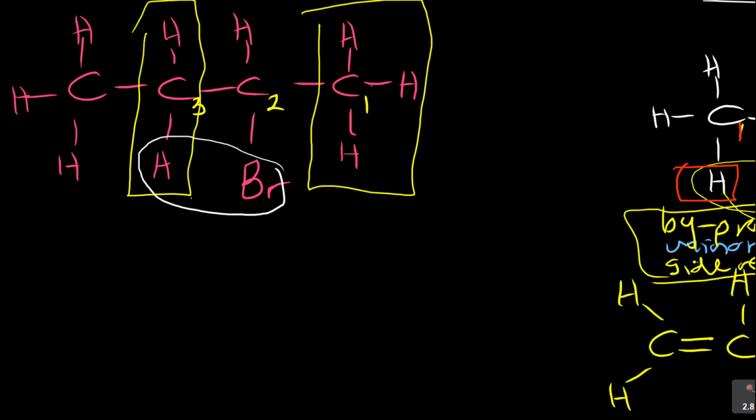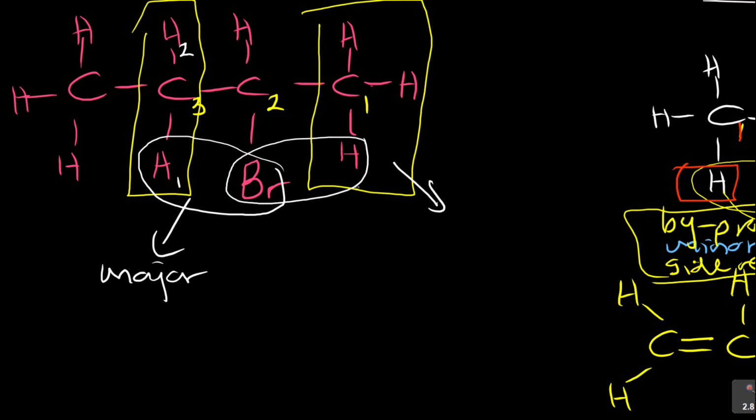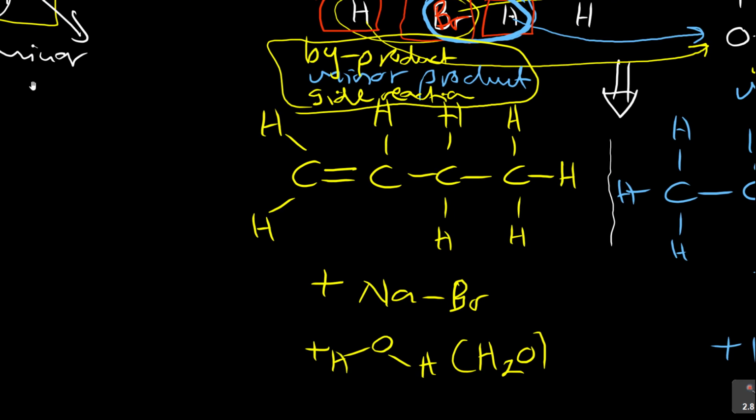Will the Br take this one? Yes. This is the major. Why? Already it's got 1, 2 hydrogens, but this is here. It is the minor. Why? It's got 1, 2, 3 hydrogens. So remember that. Wherever you're forming the double bond will be formed there. Are you with me? That's where you're going to draw the structure with a double bond. So if you're looking at the structure of this, what would be the name of this structure?